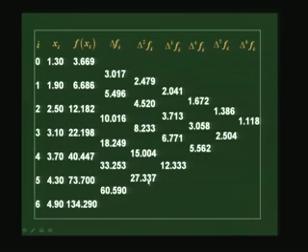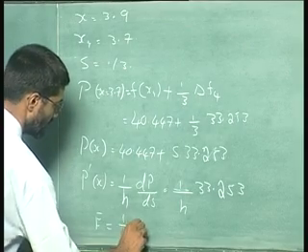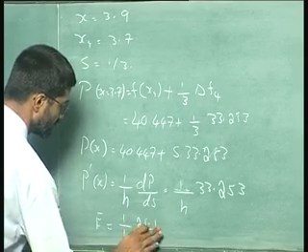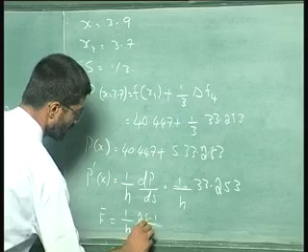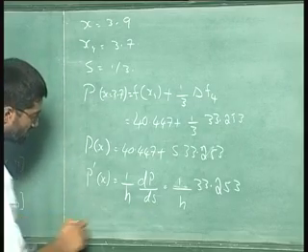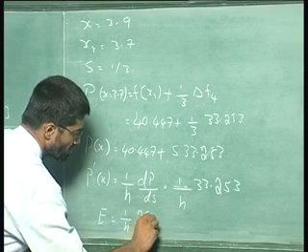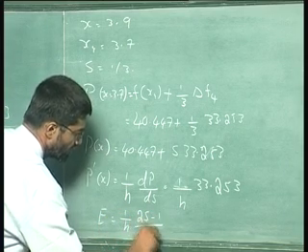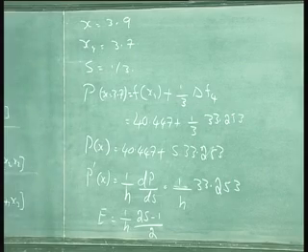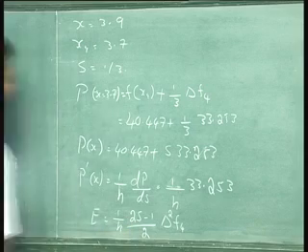Del 2 is 27.337. So the error term, which I call E, is 1 over h into 2s minus 1 by 2 into del 2f4.